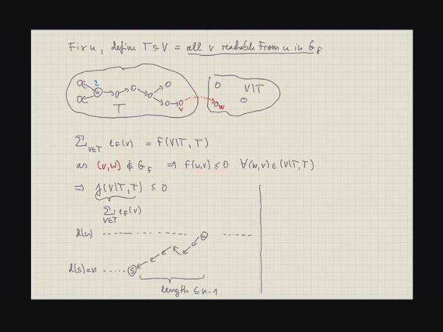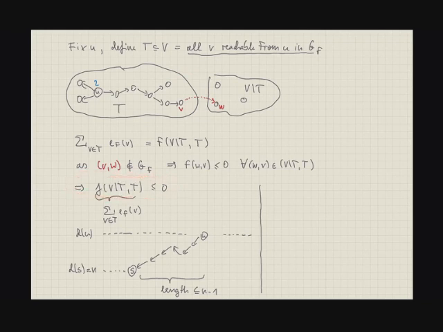Okay, and that is true for all the edges that are pointing into the set T. So for all the edges into T, the flow value is smaller or equal than 0. Once again, otherwise the corresponding residual edges would be there. So that means that the total flow into T is smaller or equal than 0.